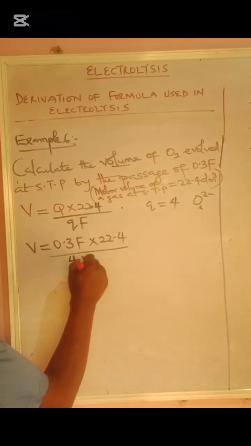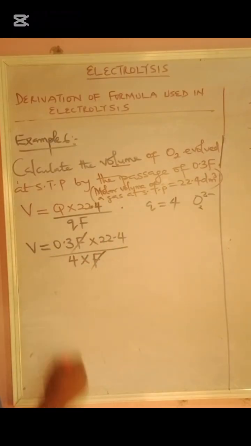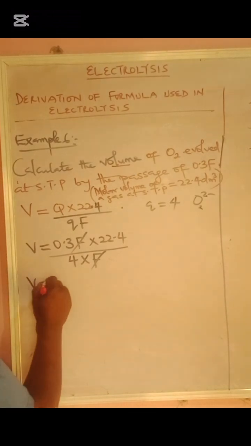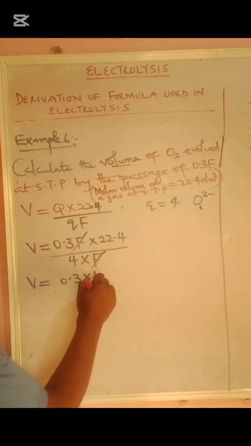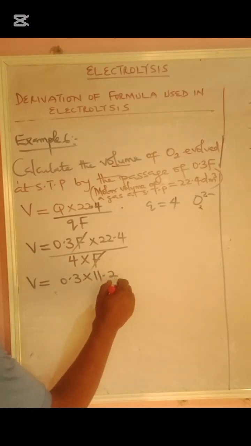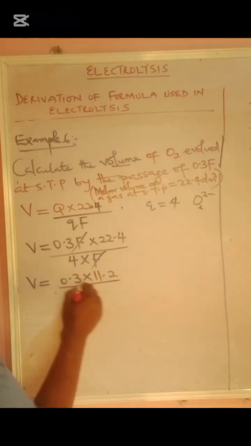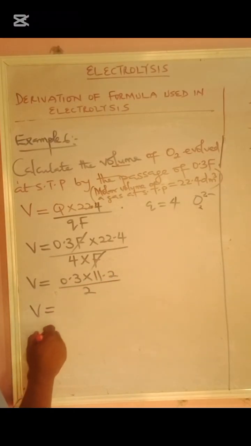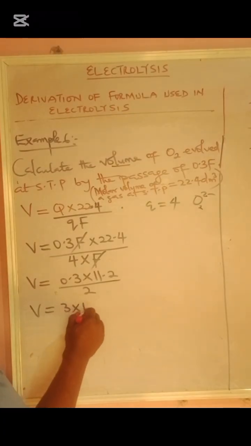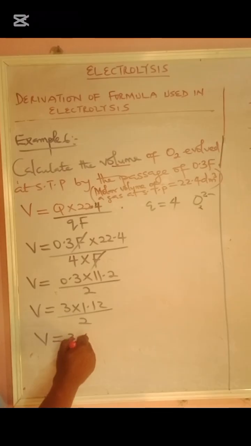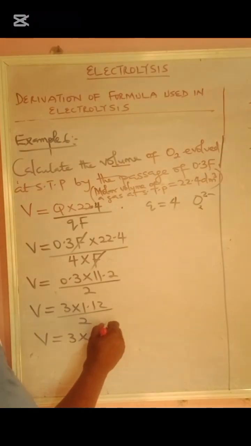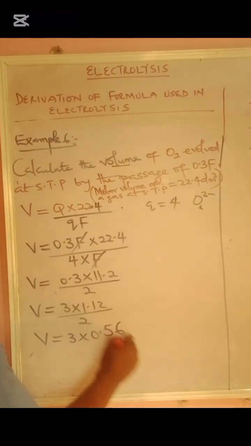So this will be 4 times F. F cancels F. So we have V is equal to 0.3 times 11.2 divided by 2. So V is equal to 3 times 1.12 divided by 2, that is 3 times 0.56.